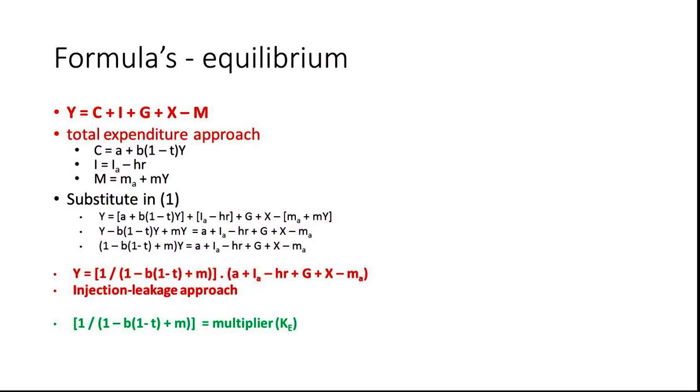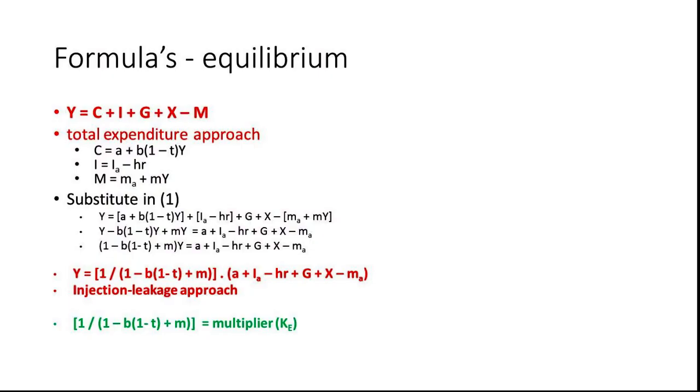Government spending we assume to be exogenous, that's just the G. Exports is also completely exogenous, that's just the X. And imports over here get replaced by this fixed level of imports and the marginal propensity to import governed by the M there, multiplied with incomes.